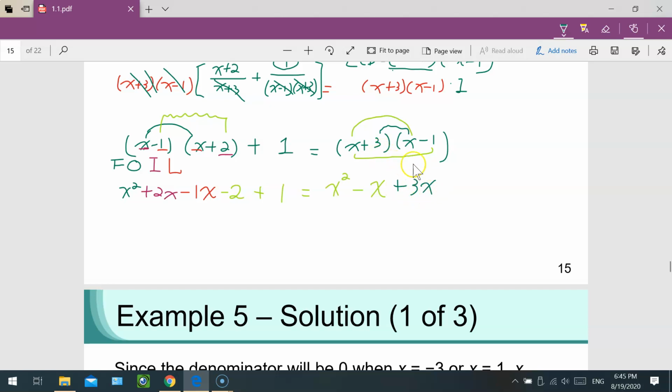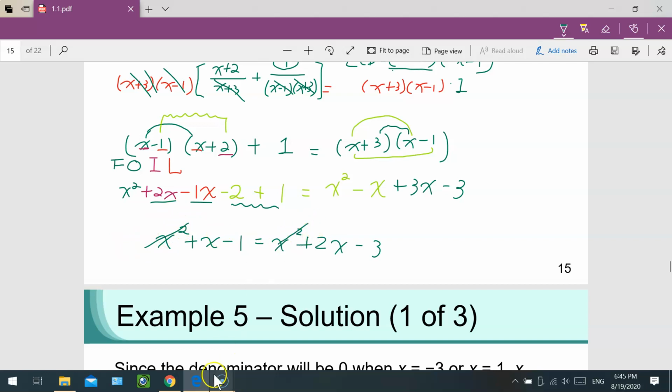The last 2, we will have 3 times -1, you get a -3. Now we clean up. I'm going to combine these 2 and combine these 2. Then we'll have x squared plus x minus 1 equals x squared plus 2x minus 3.